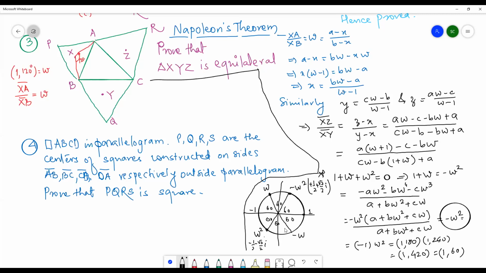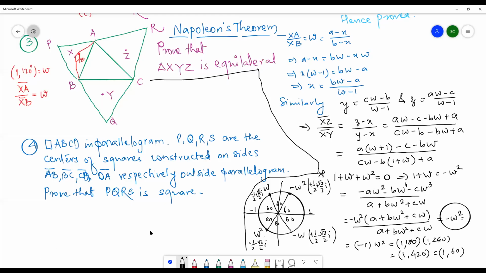When you reflect omega in origin, that means this was minus half plus root 3 by 2 i. When you multiply this by minus 1, you get plus half minus root 3 by 2 i. Therefore, this is minus omega. Okay, so I wait for 2-3 minutes more for you to prove this.